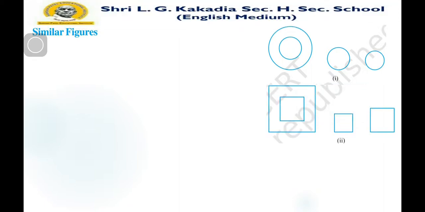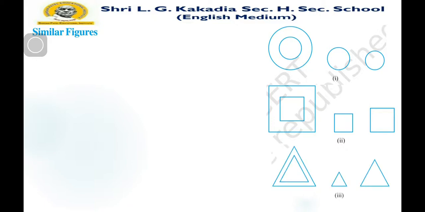As well, let us talk about squares. In a square, we know that all the sides are equal, so you can see that both are similar. We can say that all squares, not just one or two, are similar squares.